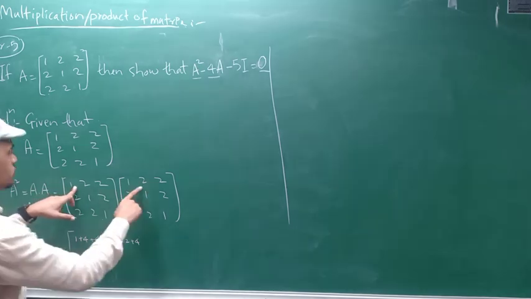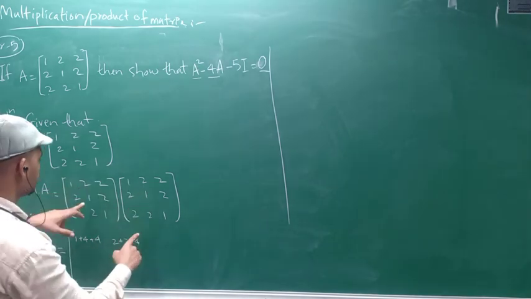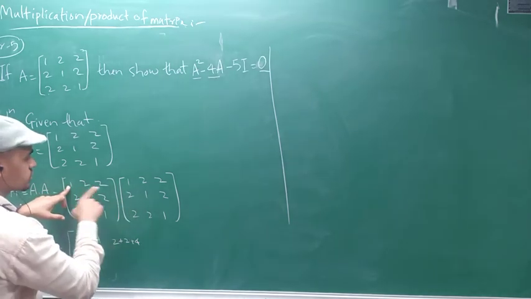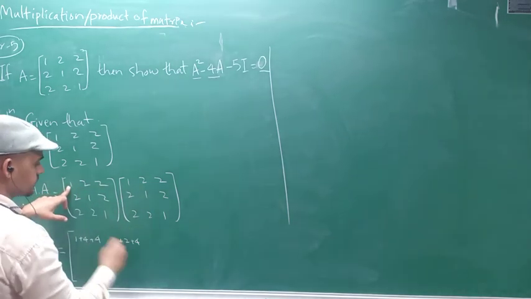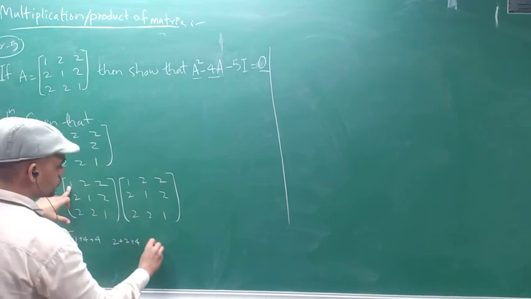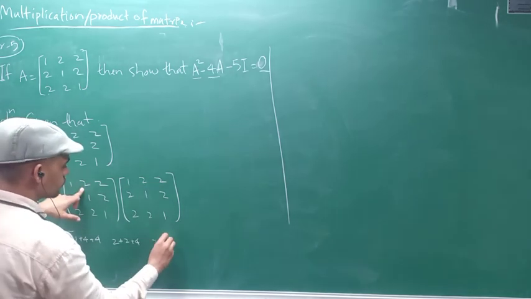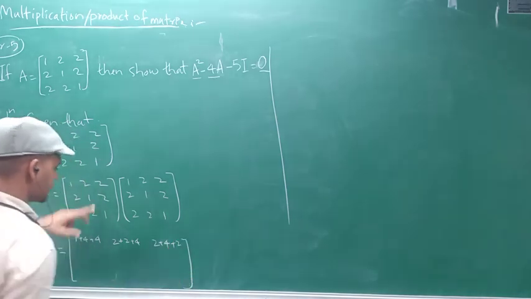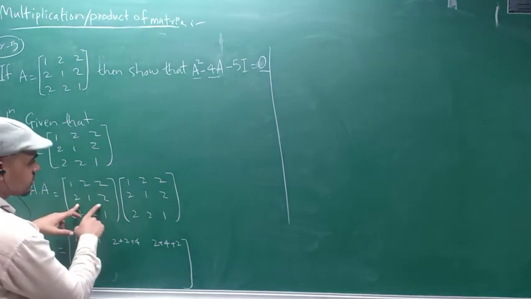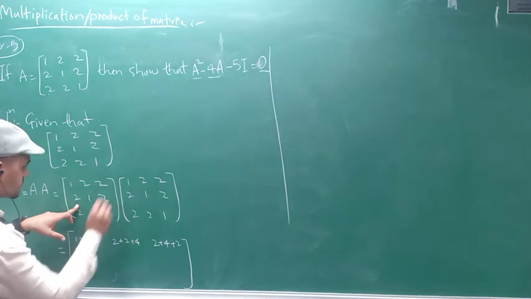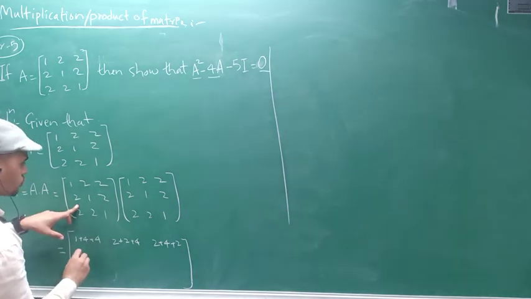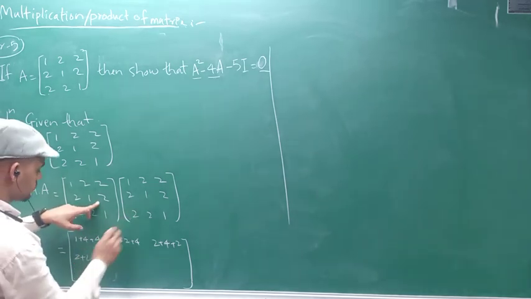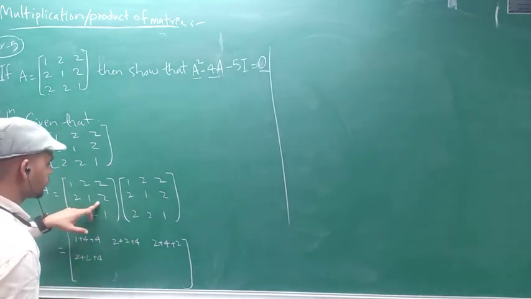First row, third column: 1 into 2 is 2, then 2 into 2 is 4, then again 2. Now second row, first column: 2 into 1 is 2, then 2 into 2 is 4, then 2 into 2 is 4.